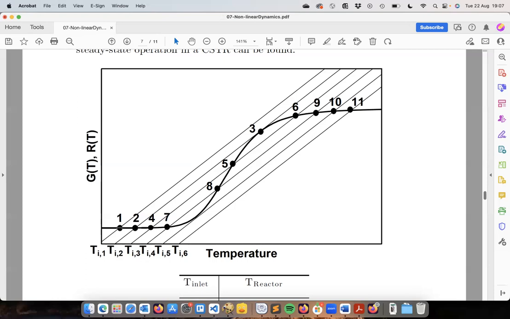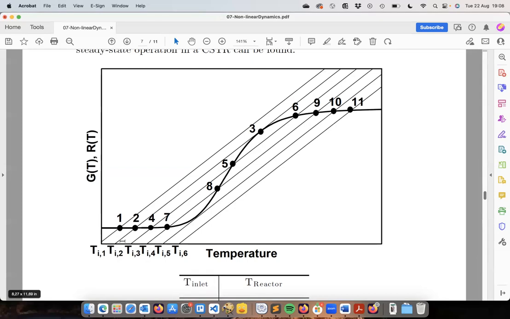And so that's 1 steady state. If we exceed the temperature, then here R is greater than G, and then the system gets pushed back down there. If you follow this line all the way through, there's no other feature there. So you can start as high as you want, R is always going to be more than G. And so you will always push along down here and fall into the steady state.